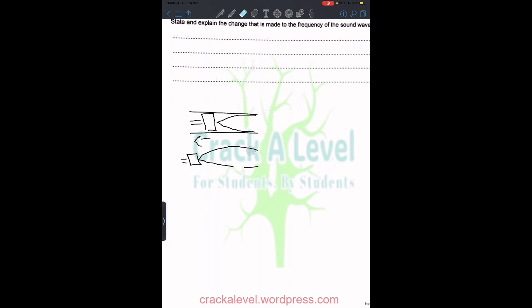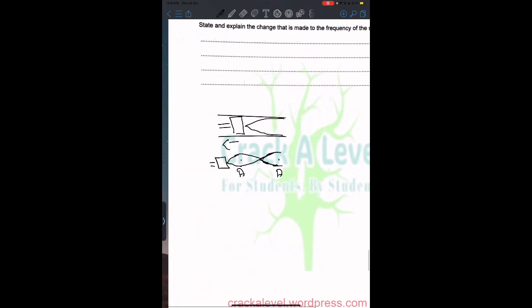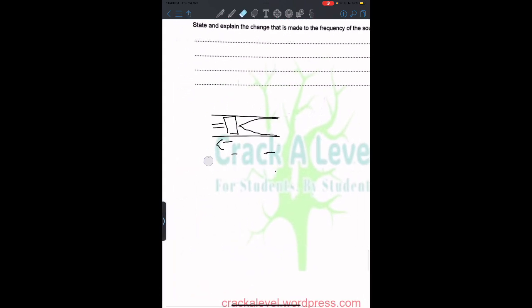So there's also the possibility that by providing a greater distance, more antinodes could have been formed. You see, it has moved to the left, but there is now one antinode here and one antinode here. But it is saying that the number of antinodes formed remains the same while the length is increasing. This means that our wavelength is changing.